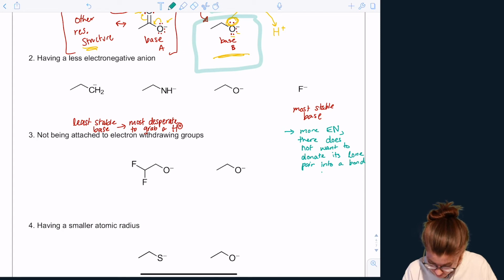Let's just say more electronegative, therefore does not want to donate its lone pair into a bond to a proton, okay?